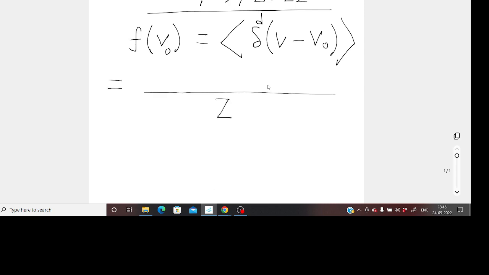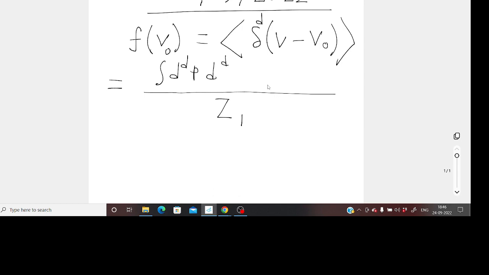Now what is this expectation value? This is equal to Z1, which is the single particle canonical partition function, in the denominator of this expression, and in the numerator we have this thing. Here d is the spatial dimension, right?